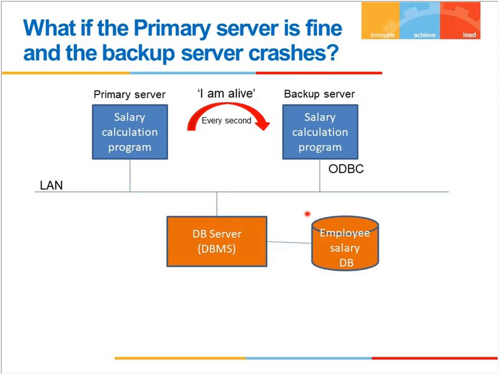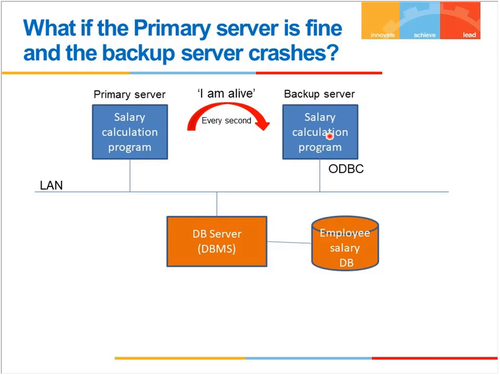Similarly, now the question is, if the primary server fails, the backup server can detect it and can start. But what if the backup server fails? If the backup server fails, then there will not be any backup.